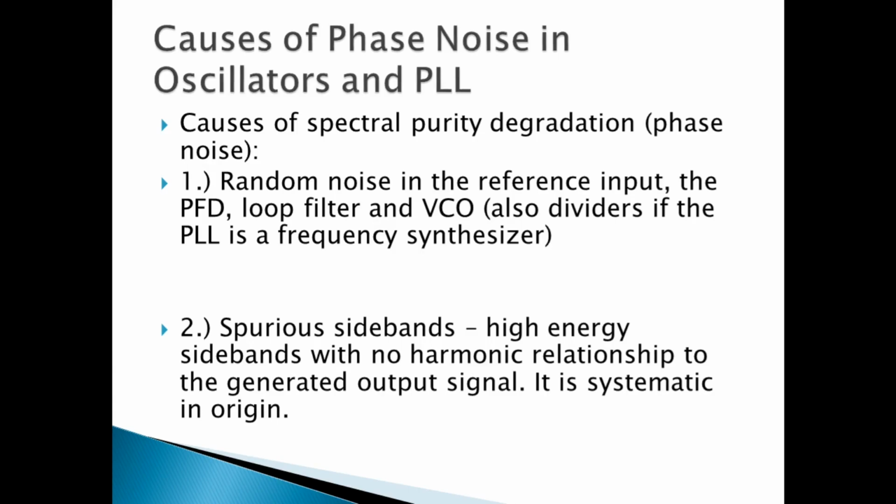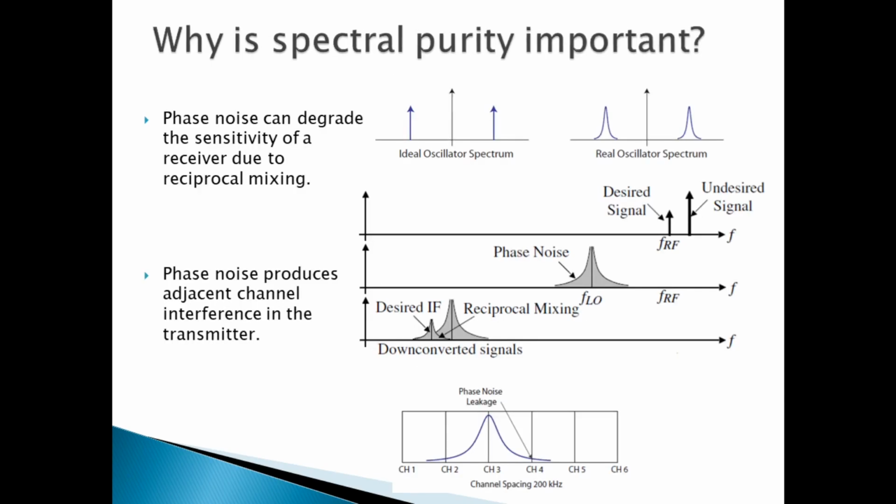So, what is phase noise? An oscillator is intended to generate a well defined reference frequency in the frequency domain. So, any disturbance from this reference ideal behavior is an undesired phenomenon and it is called phase noise.